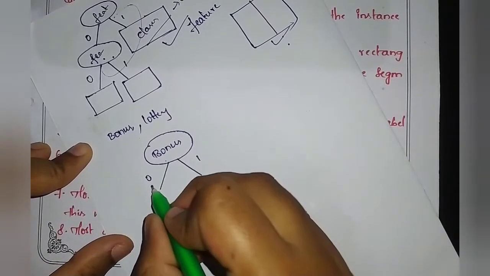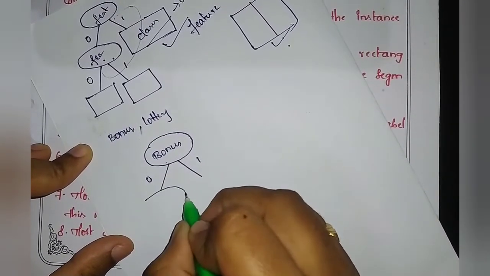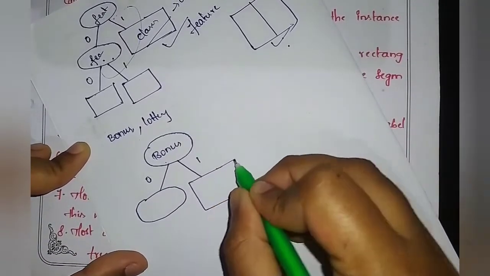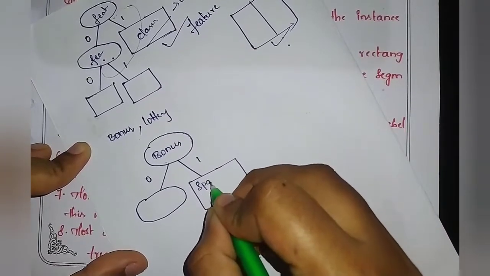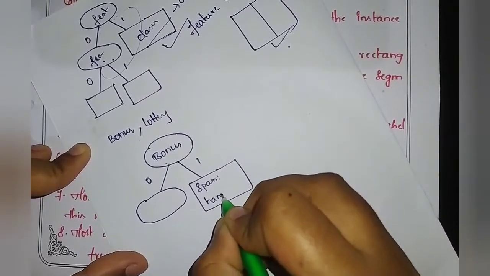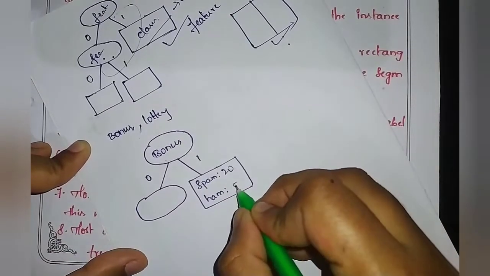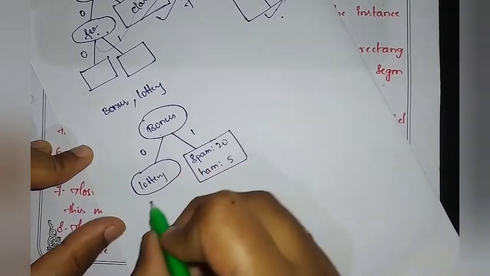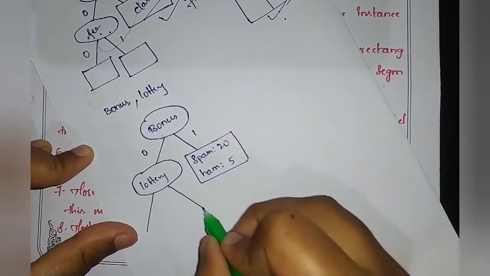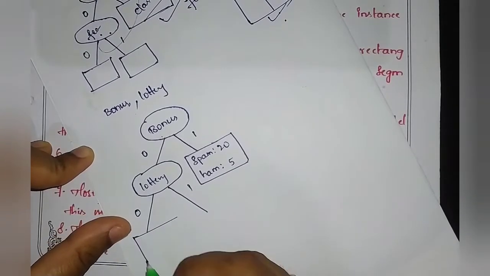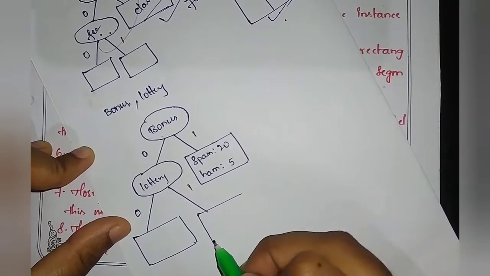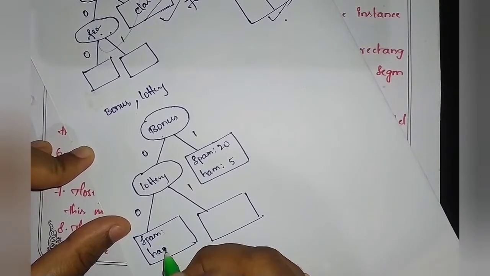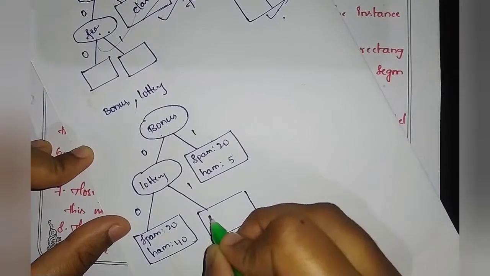If bonus is present, I take a rectangular segment and fill it with spam and ham classes: spam 20 and ham 5. If bonus is not present, I check with another feature, again with boolean values, and then represent the leaves with spam and ham classes 20 and 40.